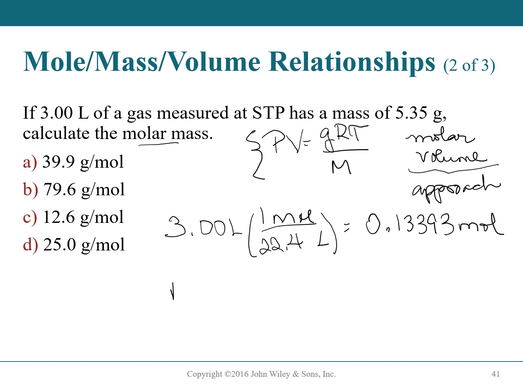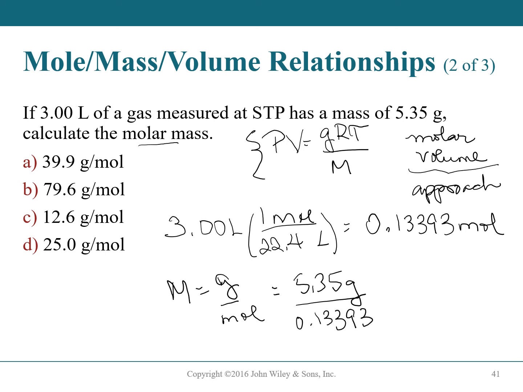Since we know that the molar mass is going to be equal to the mass divided by the moles, the mass of the sample was 5.35 grams. The moles, 0.13393 moles. Okay, and that should be up to 3 significant figures.